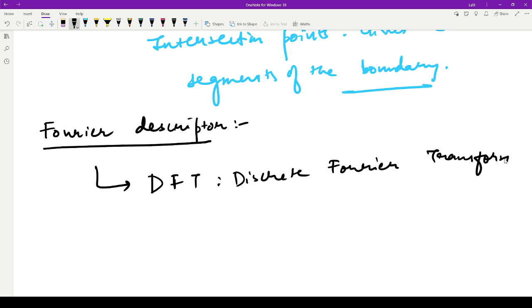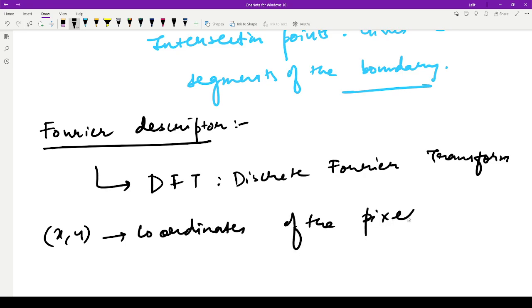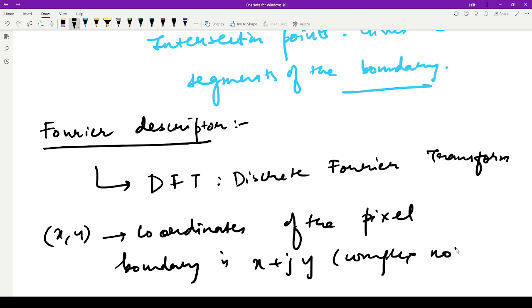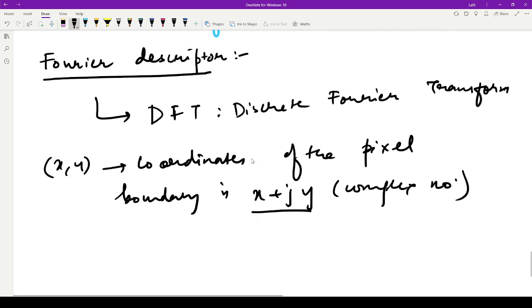You take the XY coordinates of the pixel boundary as a complex number, and this is our signal.